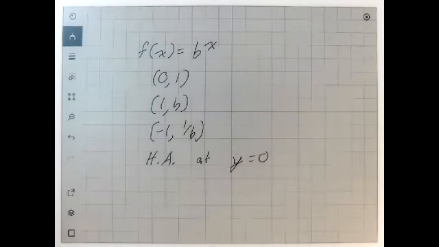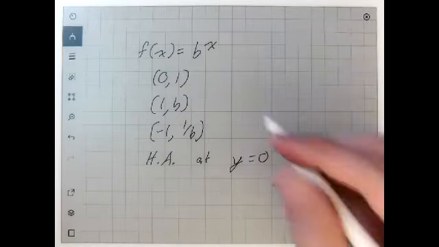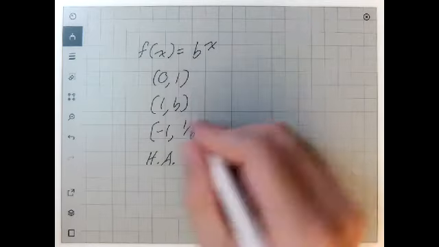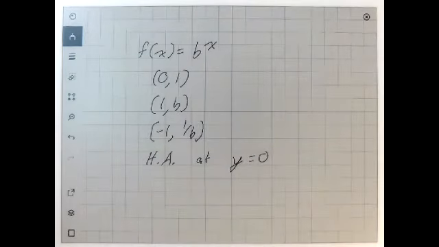And you are always going to have a horizontal asymptote at y equals 0. Generally, this negative 1, 1 over b is not really that useful to us, except when b is a fraction, in which case things kind of flip their picture a little bit.